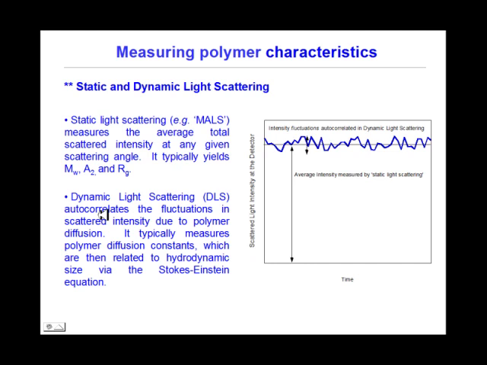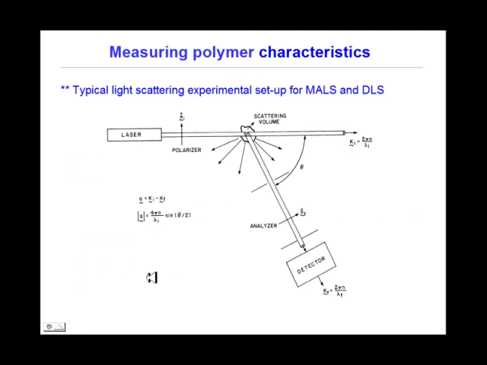Dynamic light scattering autocorrelates fluctuations in the scattered intensity due to the polymer diffusion, and it gives hydrodynamic radius via the Stokes-Einstein equation. This is a typical light scattering setup for multi-angle light scattering detection and dynamic light scattering.